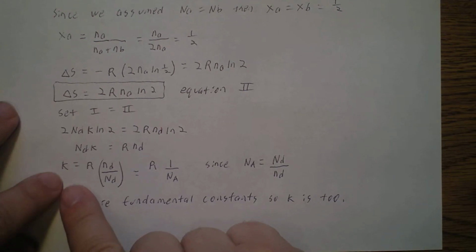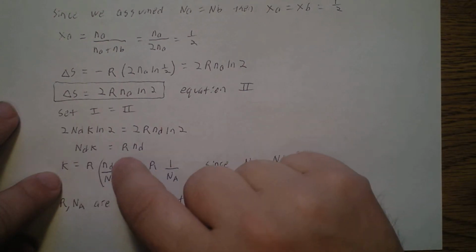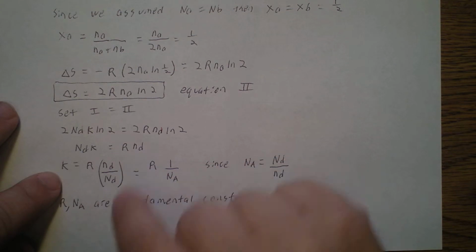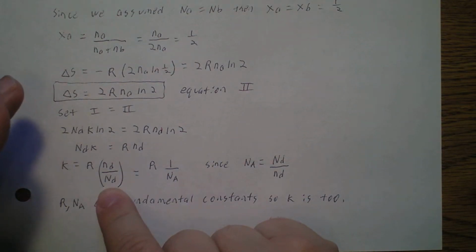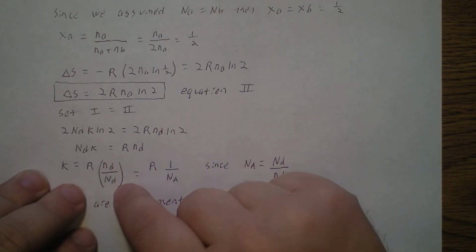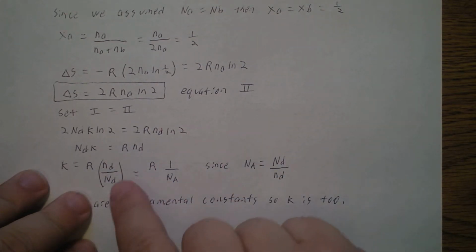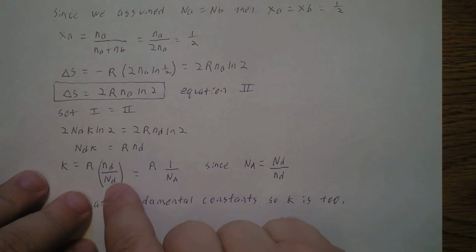So we just solve for K. K is equal to R times the number of molecules of D divided by the total number of moles of D. So remember, when you're dividing molecules by moles, that's just Avogadro's number.